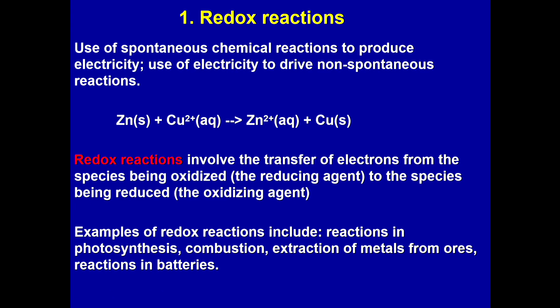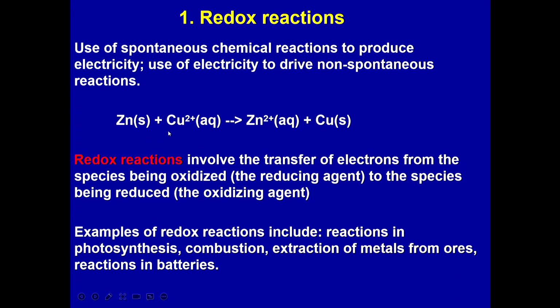So it's a photo reaction. There is also combustion, where a compound reacts with oxygen, and of course oxygen gets electrons. Also the extraction of metals from ores, and reactions in batteries.